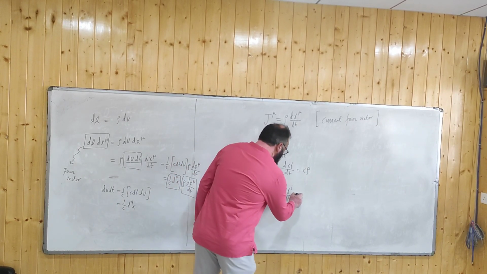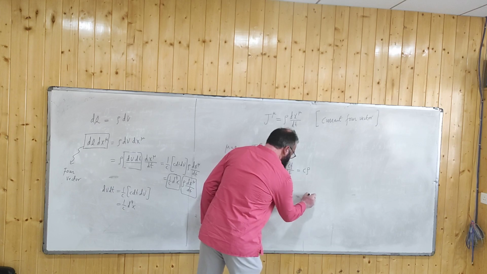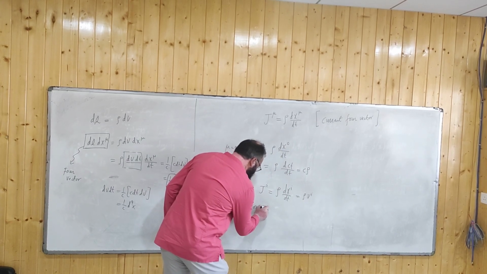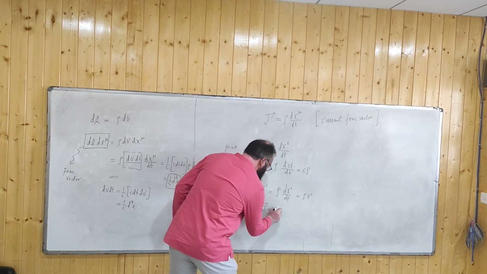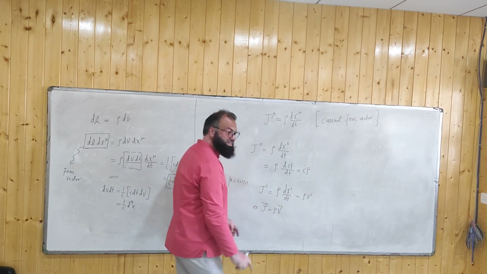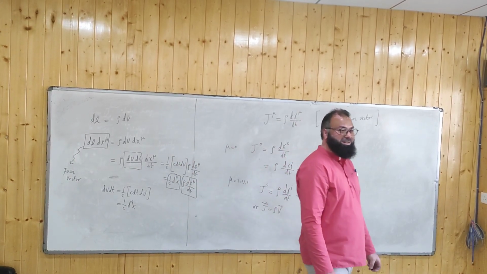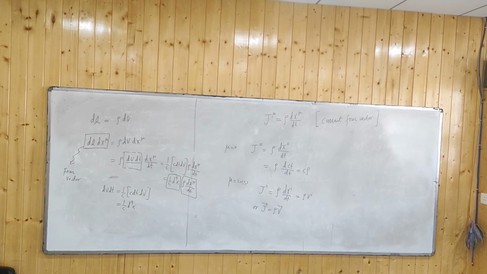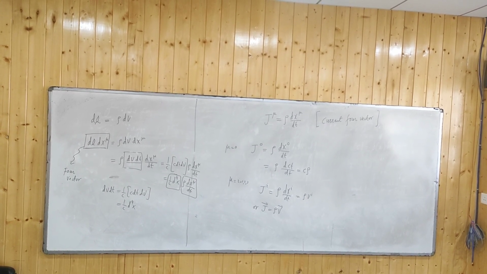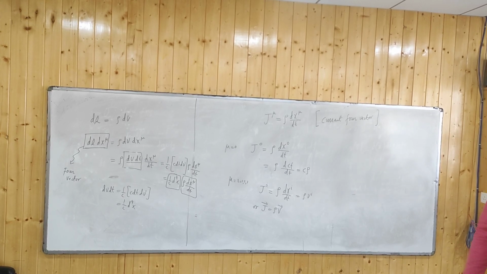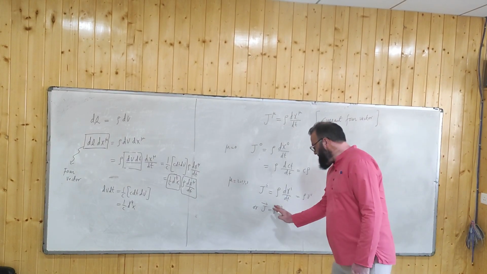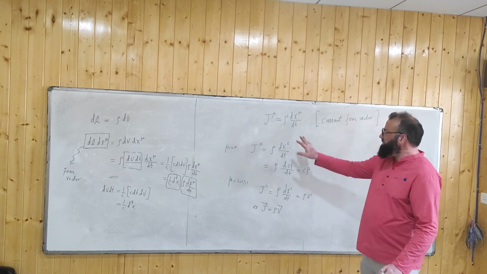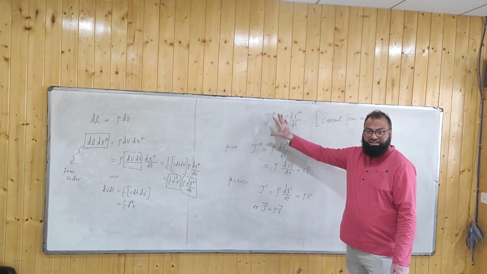So it's vi. In other words, I can write this j vector as rho v. Rho multiplied by the velocity is the current density. So that's why we call this the current density 4 vector.